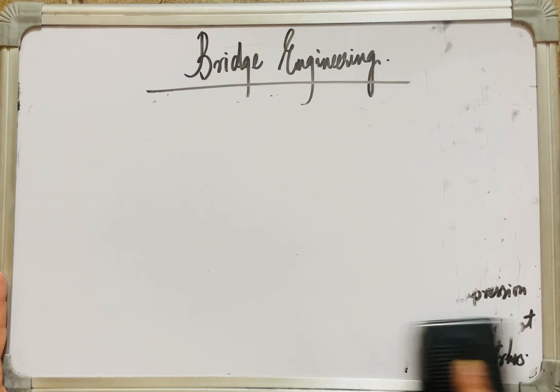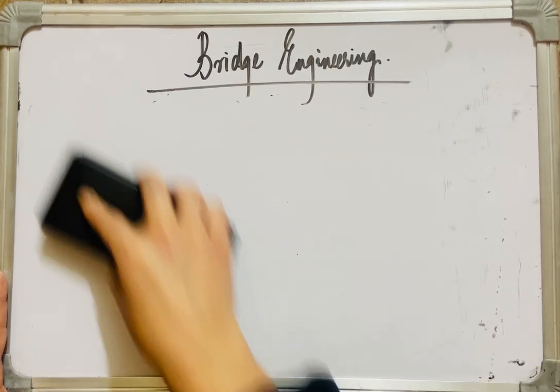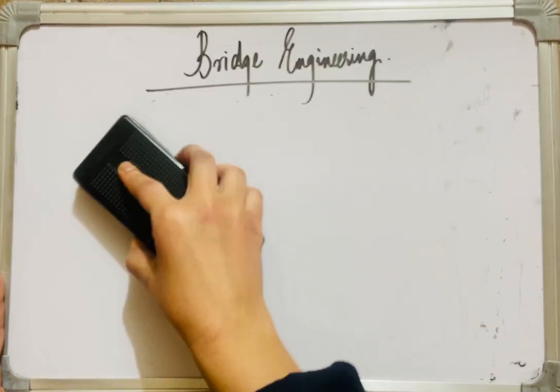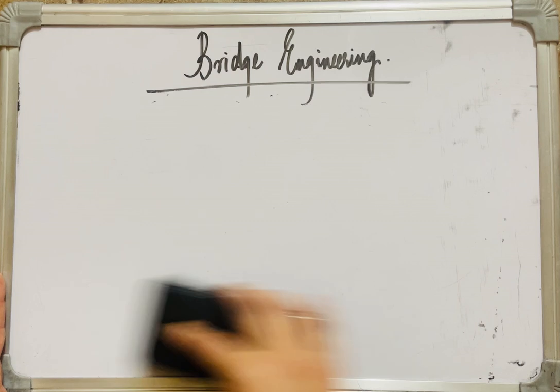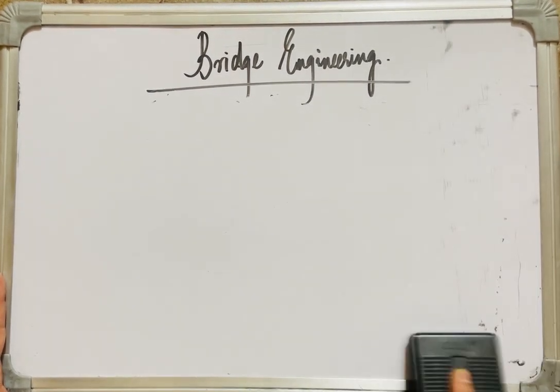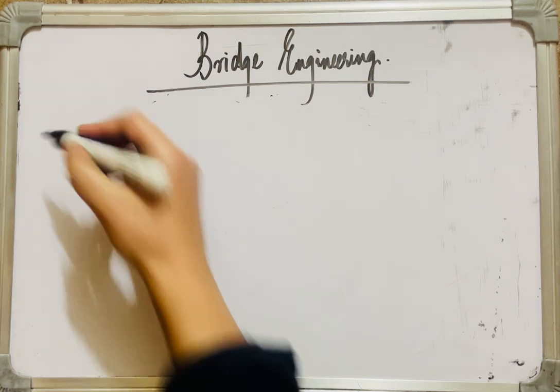They are known as anchor spans, whereas the central span is known as the suspended span, which will act either as a simply supported beam or a truss. And if it behaves like a truss, then there will be compression in the top chords and tension in the lower ones. And in case of cantilevers, there is tension in the top chords and compression in the lower ones. All right, advantages.